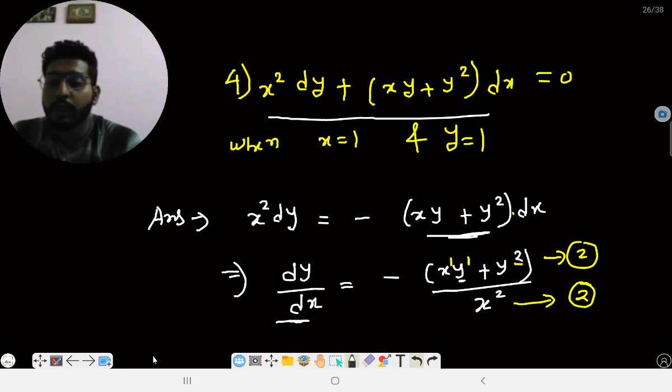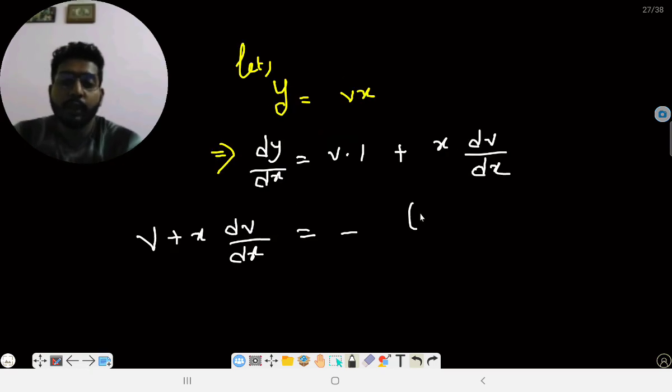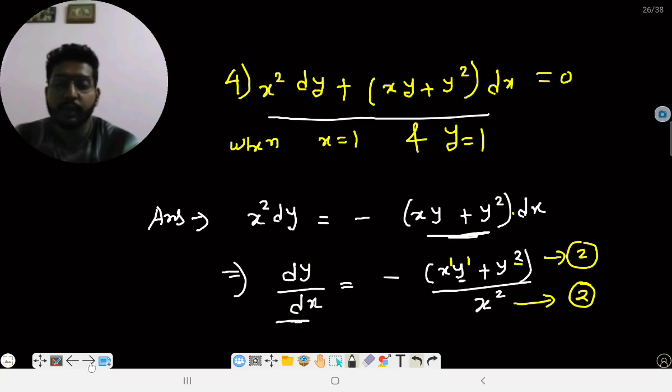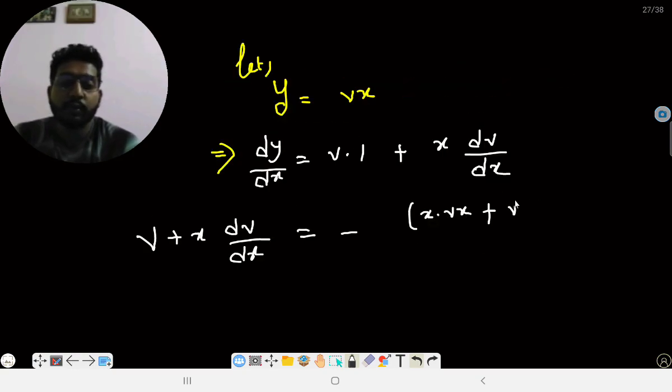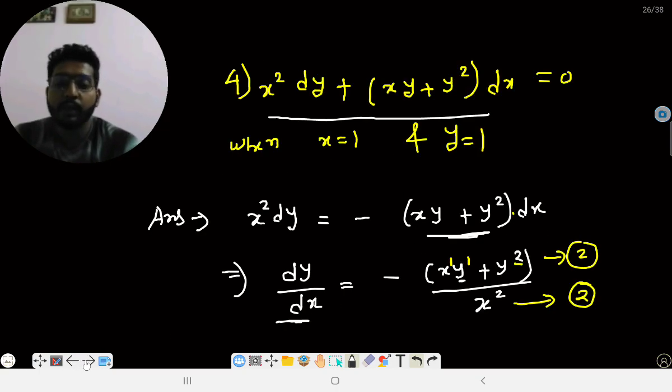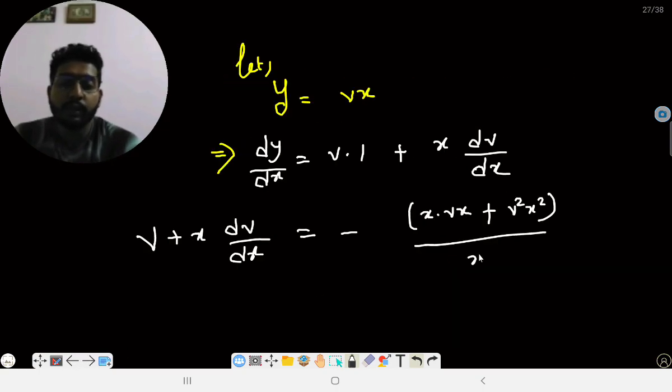The value of y is vx, so xy is x into vx, and y square is v square x square, divided by x square.